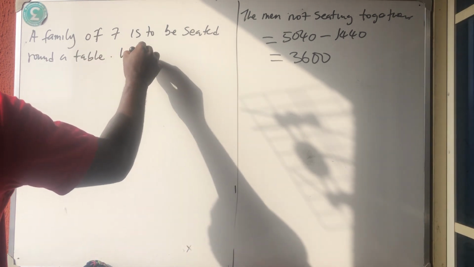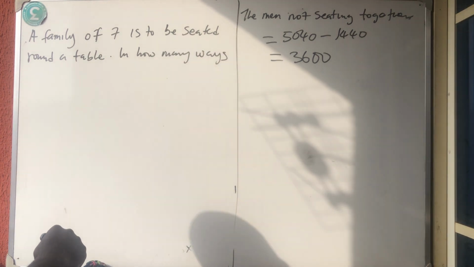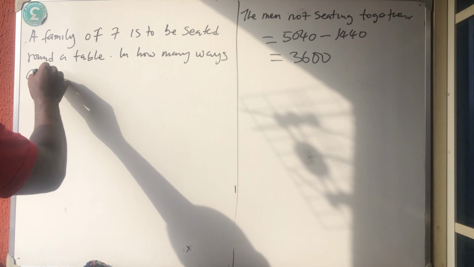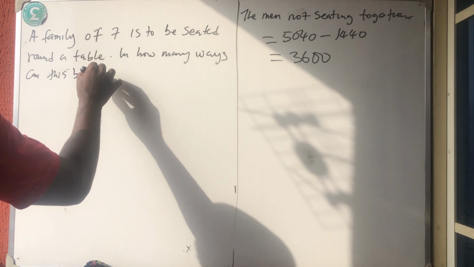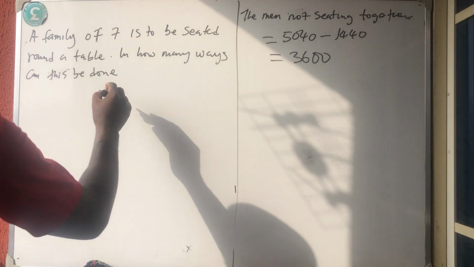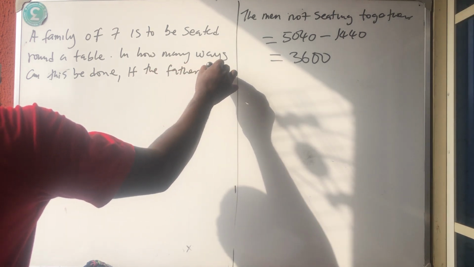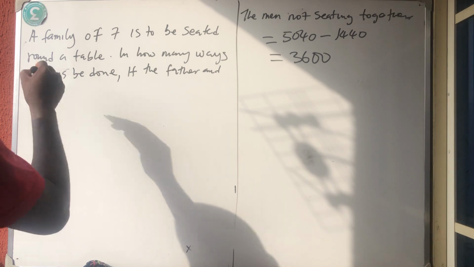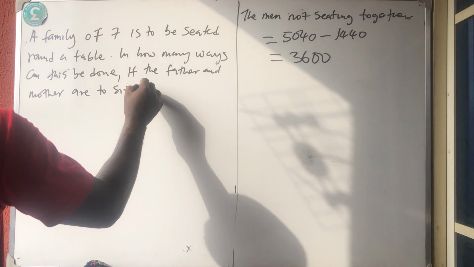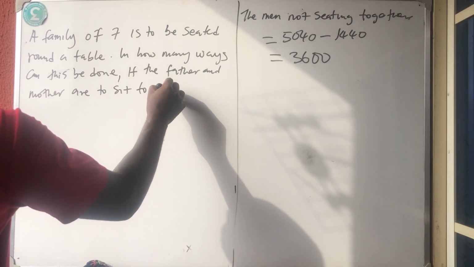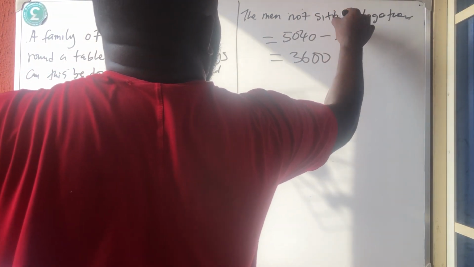In how many ways can this be done if the father and mother are to sit together?